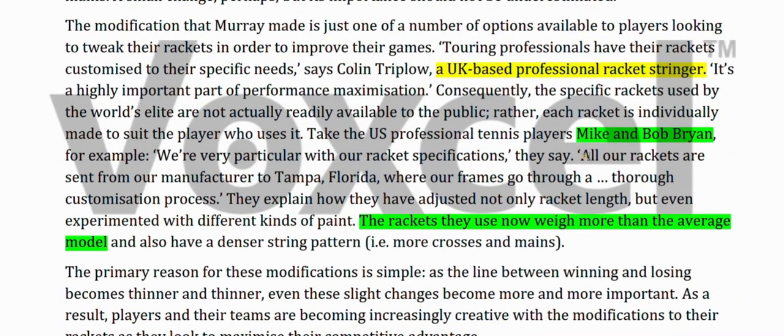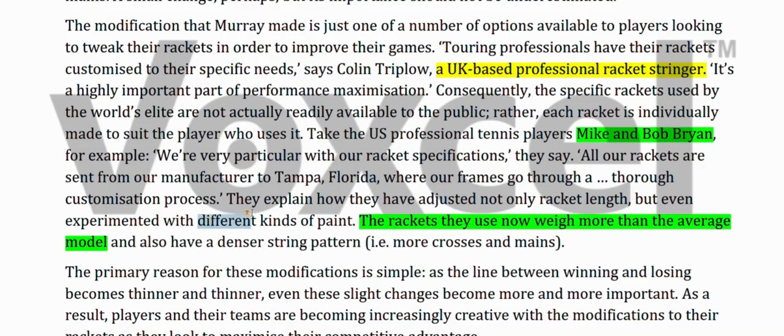Okay, here it is written Mike and Bob Bryan. So let's see. Take US professional tennis players Mike and Bob Bryan for example. We are very particular with our racket specifications. They say all our rackets are sent from our manufacturers to Tampa, Florida, where our frames go through a thorough customization process. They explain how they have adjusted not only racket length but even experimented with different kinds of paint.